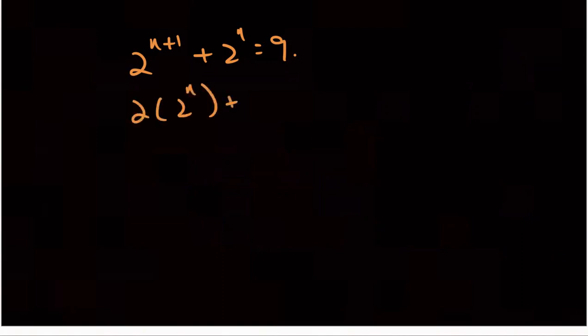Now looking at another question. 2 power (x plus 1) plus 2 power x is equal to 9. Now how can we solve this? We can solve this by writing 2 power x times 2, plus 2 power x, is equal to 9.